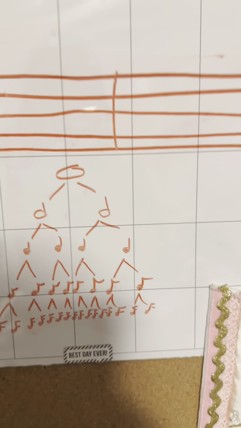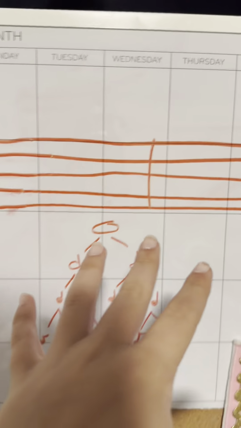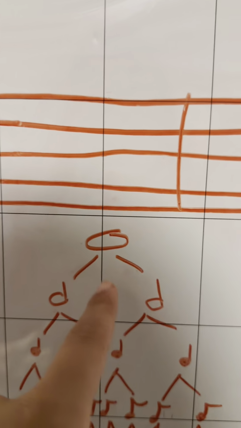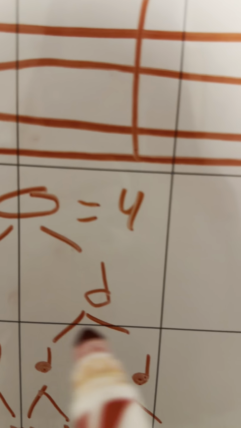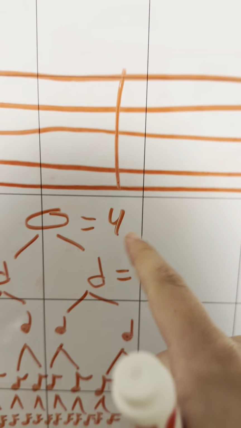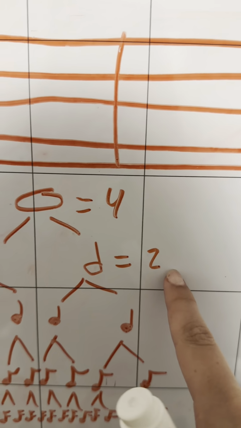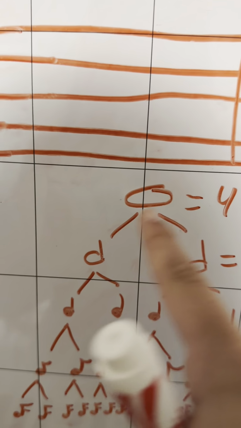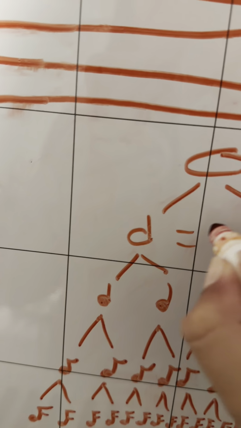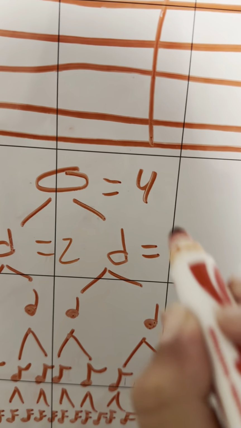Okay, it took me a lot longer than expected to draw this example, but this is basically the breakdown, right? So you know how one whole note is 4 beats, right? So this is equal to 4 beats. And then one of these is equal to 2. So what is half of 4? 2, right? So if you do 2 plus 2, you get 4. You see where I'm going with this? 2 plus 2 equals 4.